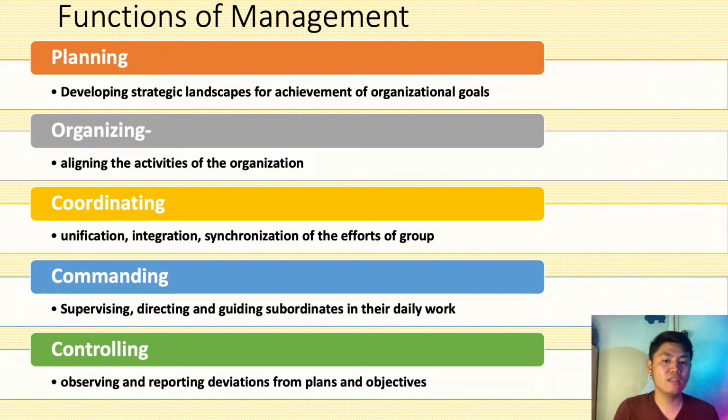Now let us look at the different functions of management according to Henry Fayol, which include planning, organizing, coordinating, commanding, and controlling. When we speak of planning, it means developing the strategic landscapes for achieving organizational goals. Planning is sometimes based on foresight, which is the fundamental capacity of an individual to mentally time travel.